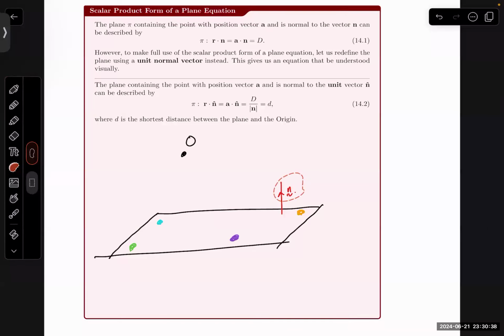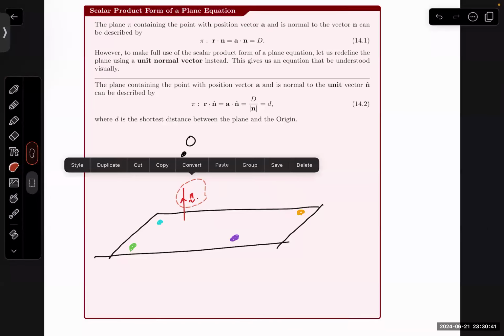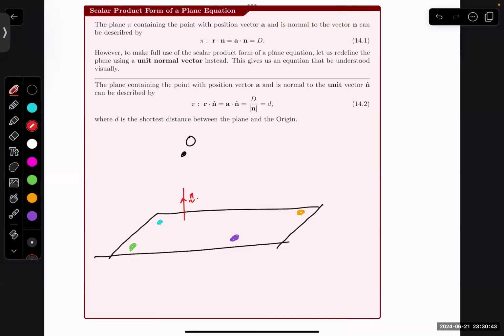Now I'm going to use the normal vector. Let's make it a unit vector, just so that it's simpler. Why is it simpler? It's just because I only want the direction. I don't care about the length of that vector. So let me just draw a dotted line. This is the dotted line, and then the normal vector. This normal vector, I'm going to shift it to poke through the origin.